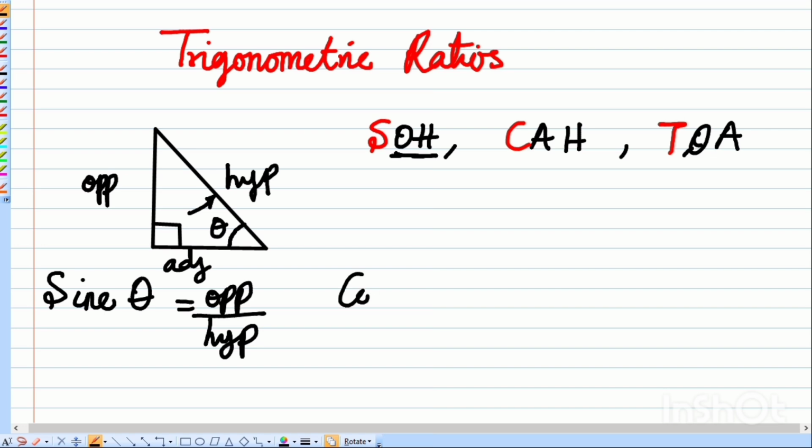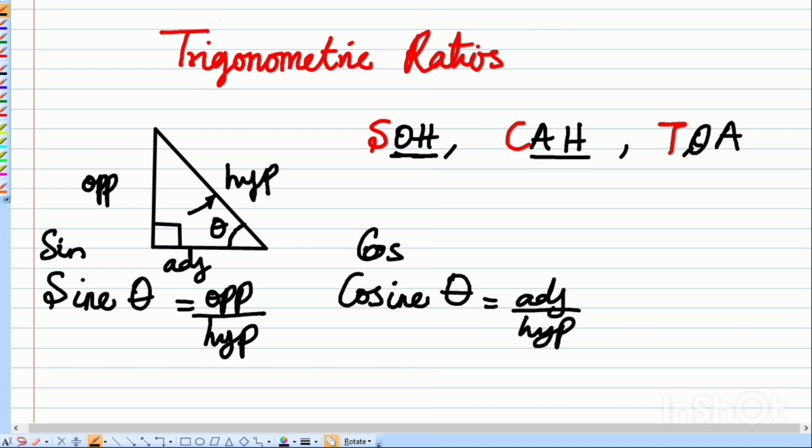The cosine of theta. Please note that for short we like to write sine as sin, while cosine is written as cos. So the cosine of theta is equal to the adjacent over hypotenuse. So the adjacent side divided by the hypotenuse.